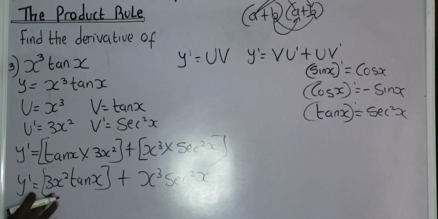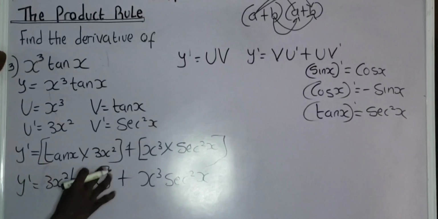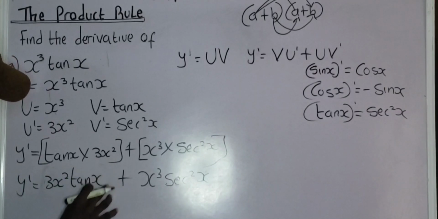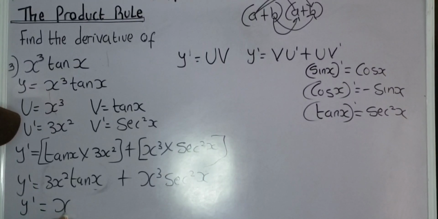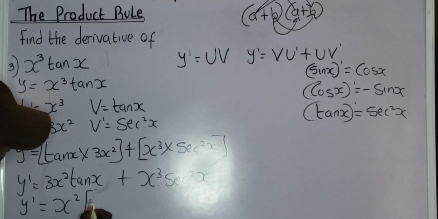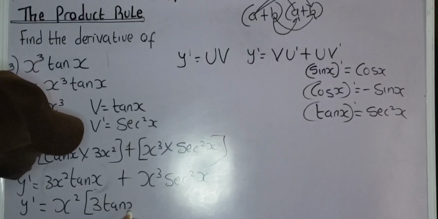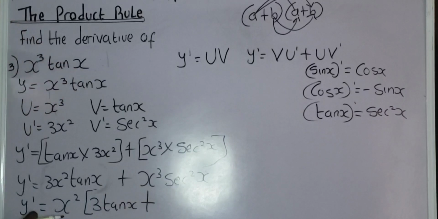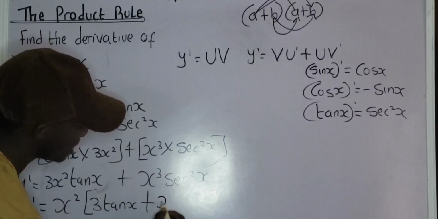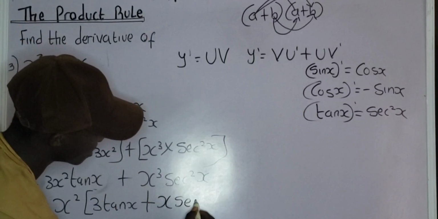Let us factorize x raised to the power of 2. So the derivative of y is equals to x raised to the power of 2 all into bracket 3 tan x plus, since I've already factorized x raised to the power of 2, what will remain here is x. That is x sec square x.